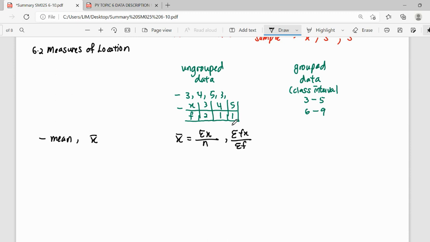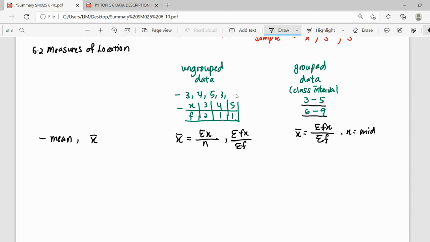But for your grouped data, you will have a similar formula, but the usage is different. For mean, as you can see, it is also the same. It will be the sum of fx over the sum of f. But the x here, because you don't have individual data, represents the midpoint of your class interval.